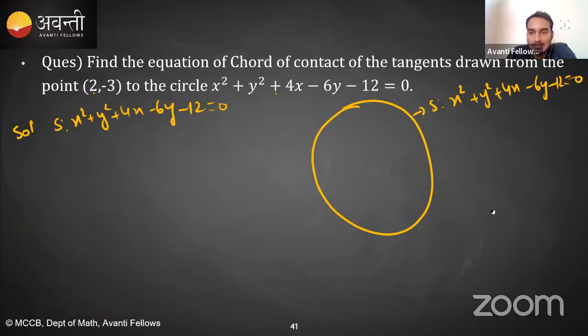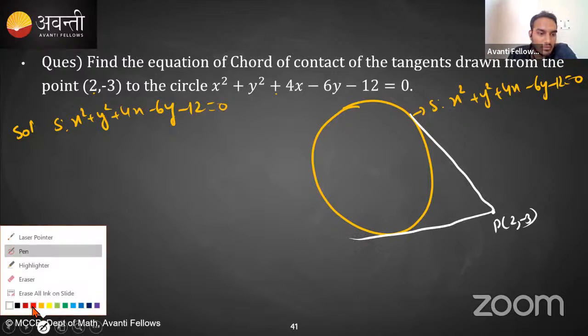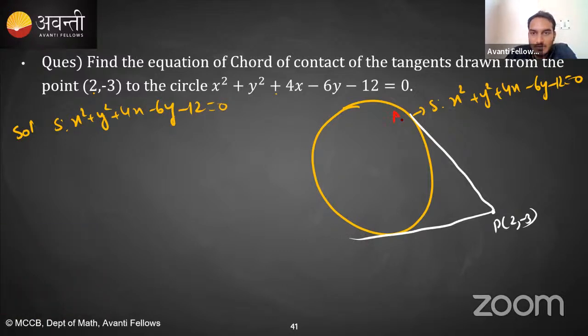Let's say this is the point P. They are asking you to find the equation of chord of contact. Let's say one tangent is like this and one tangent is like this. So they are asking us to find the equation of AB, this line.